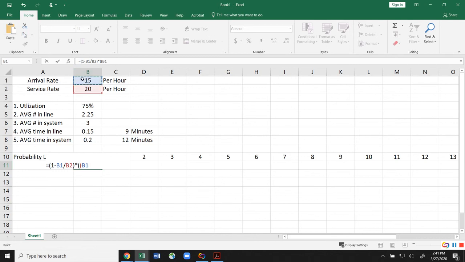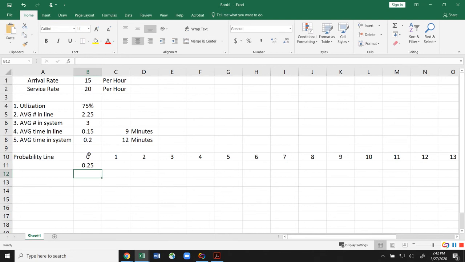And then B1 divided by B2, all to the Shift 6 power. And I can't hit that now, it's hidden, so I know that is cell B10. Alright, so you can see the formula there with the correct order of operations, and this is B10 here, so the probability of 0, so 25%.